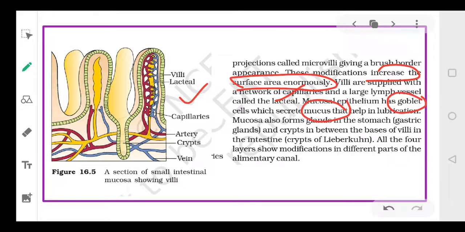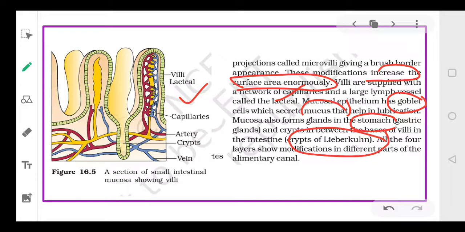As I told you, the mucosal goblet cells secrete mucus, and this mucosa layer will form glands. In the stomach there will be gastric glands, and in the small intestine they are called the crypts of Lieberkühn.